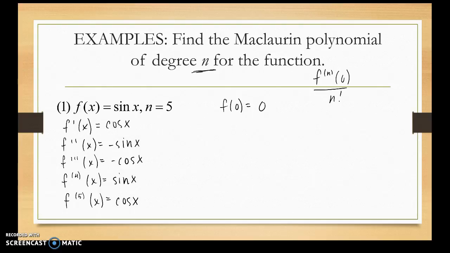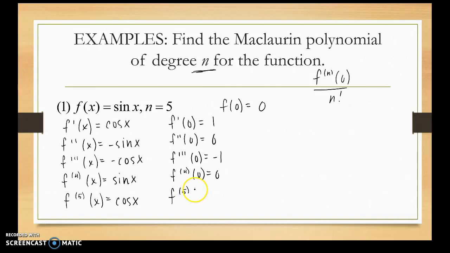Once you find your 5 derivatives, now we evaluate the derivative at that center, so at 0: 1, 0, then we get negative 1 in the third derivative, the 4th derivative will be 0 again, and the 5th derivative will be back to positive 1.